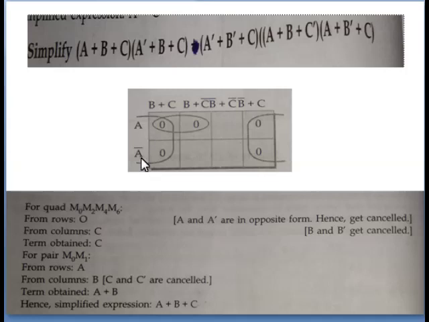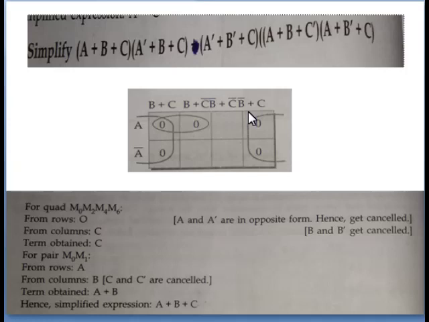Here if 2 terms get cancelled, then we will get 0. Okay, this is not O, this is 0. From the columns we will get B plus C and B bar plus C.